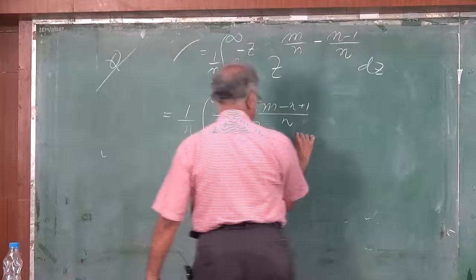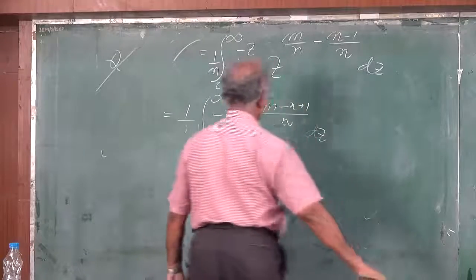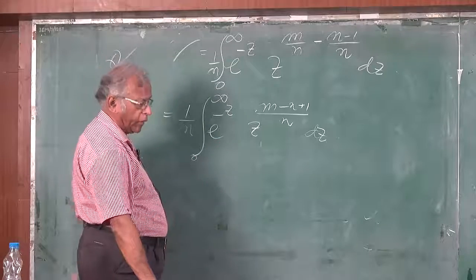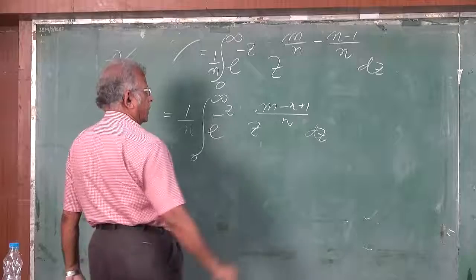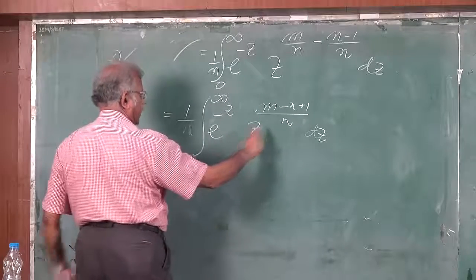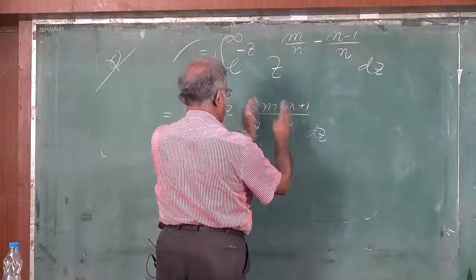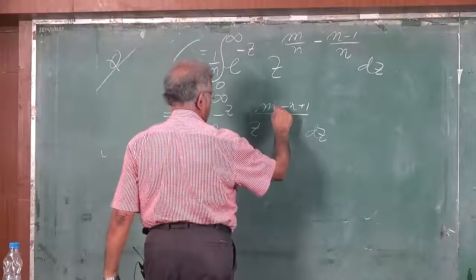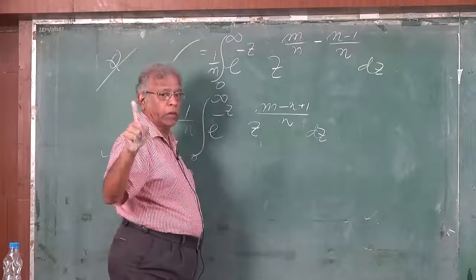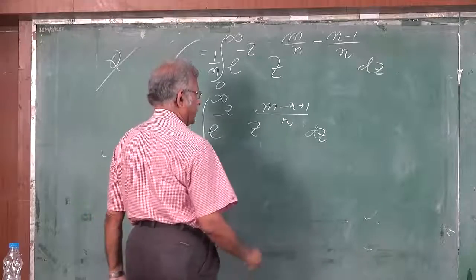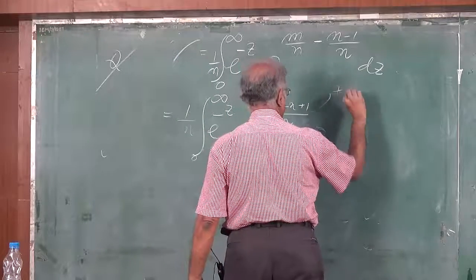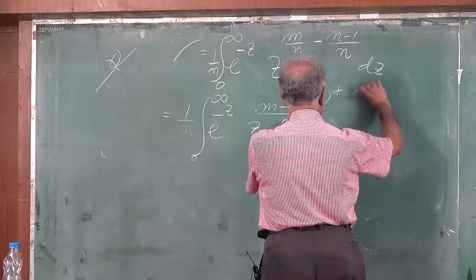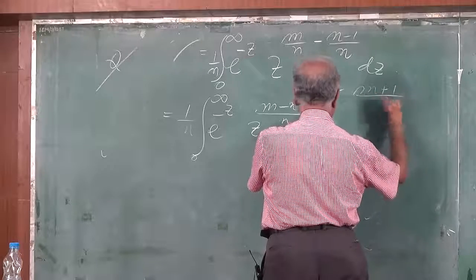That's it, dz. Now we have to cast it into the form of a gamma function. Now this is not gamma of this quantity, but gamma of this quantity plus 1. So this quantity, if we add 1, we get m minus n plus 1 plus n. So m plus 1 over n.